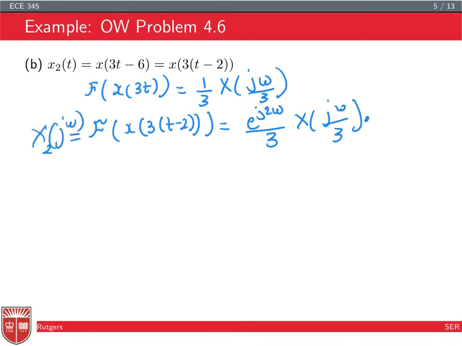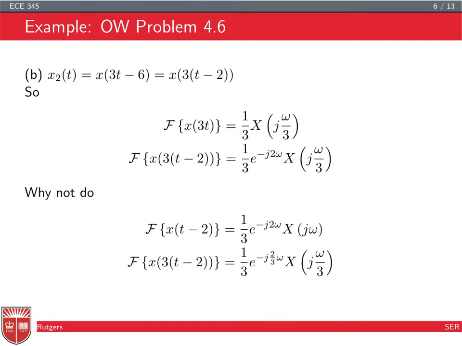So that's the relationship between the two CTFTs. Actually, I made a typo here: there's a minus sign missing, because the shift is by a value of 2, so it's e to the minus j 2 omega.